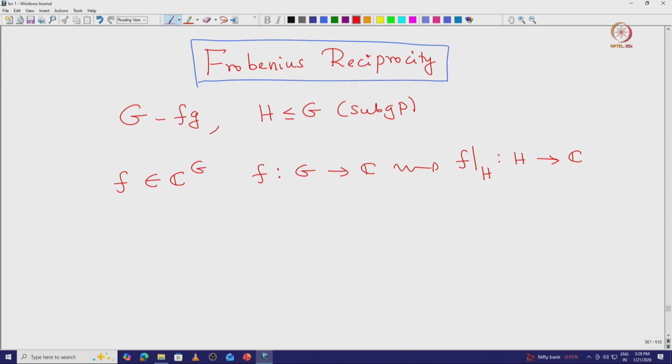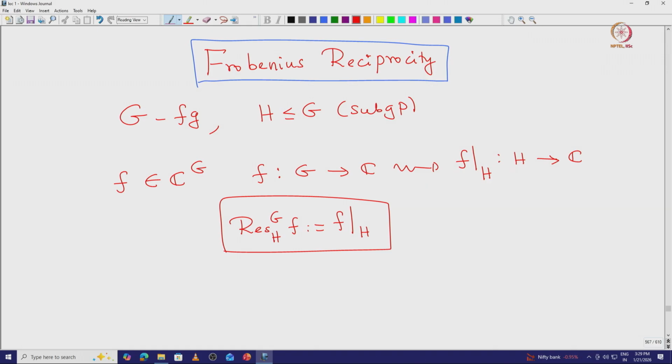So, we denote this restriction of f from G to H as Res^G_H f, which is exactly f restricted to H. So, this is the notation.